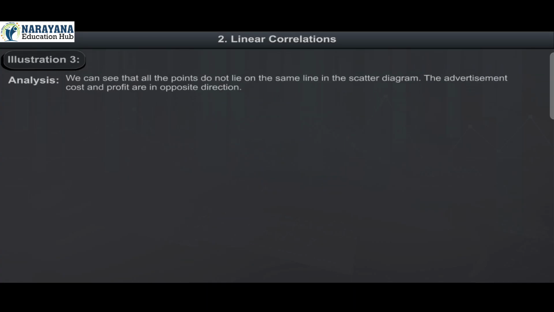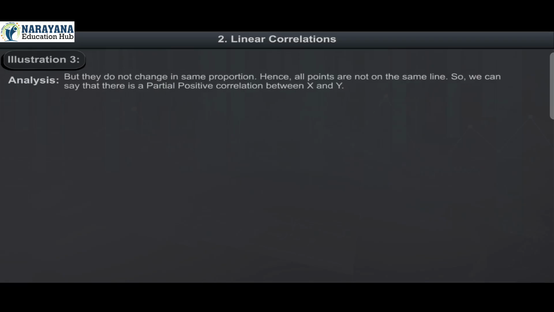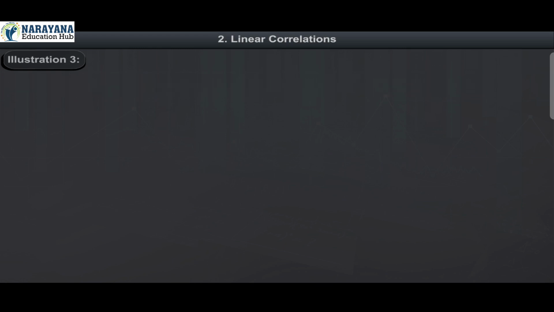We can see that all the points do not lie on the same line in the scatter diagram. The advertisement cost and profit are in the same direction, but they do not change in the same proportion. Hence, all points are not on the same line. So, we can say that there is a partial positive correlation between x and y.